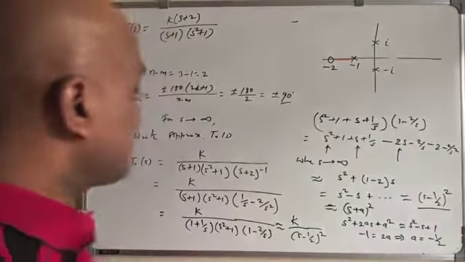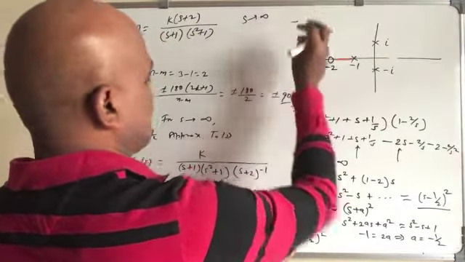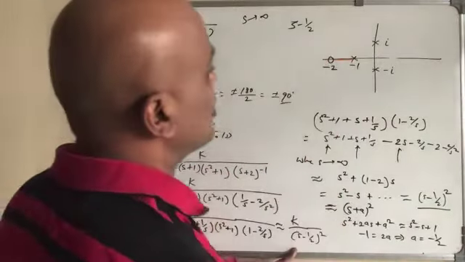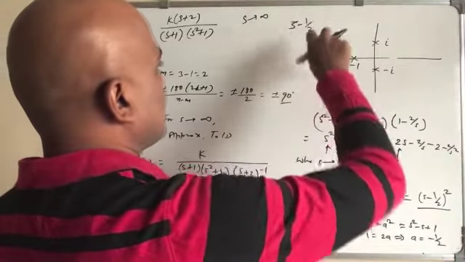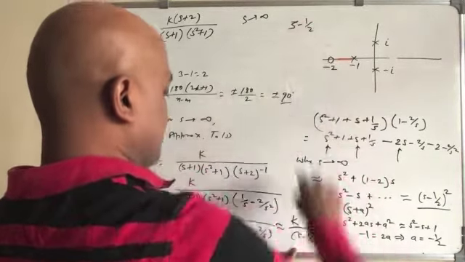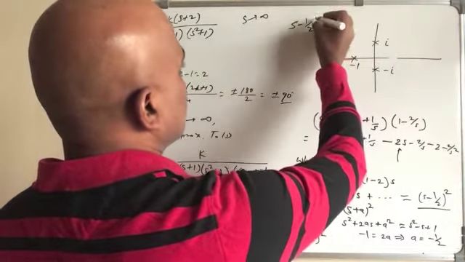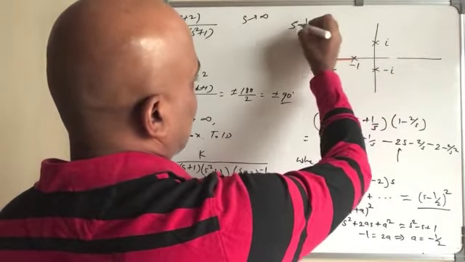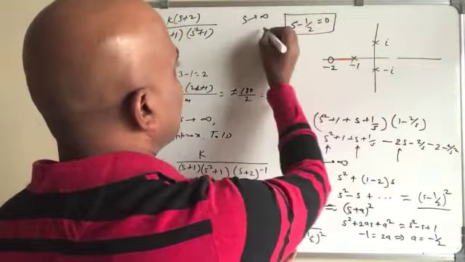Now where is the asymptote? If s tends to infinity, s minus 1 over 2 becomes equal to 0, right? So s minus 1 over 2 equal to 0 is the equation of the asymptote when s tends to infinity.